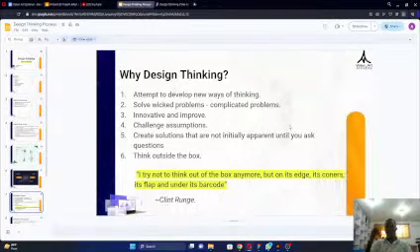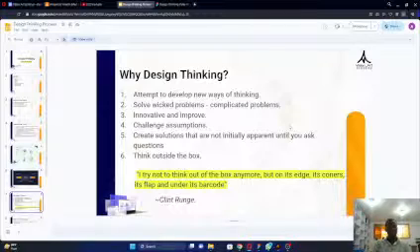You can see? And also it solves wicked problems, complicated problems, problems that you don't even know, very complex, sophisticated problems. So it solves these problems easily. And also innovation and improvements. Yes, it's innovative.